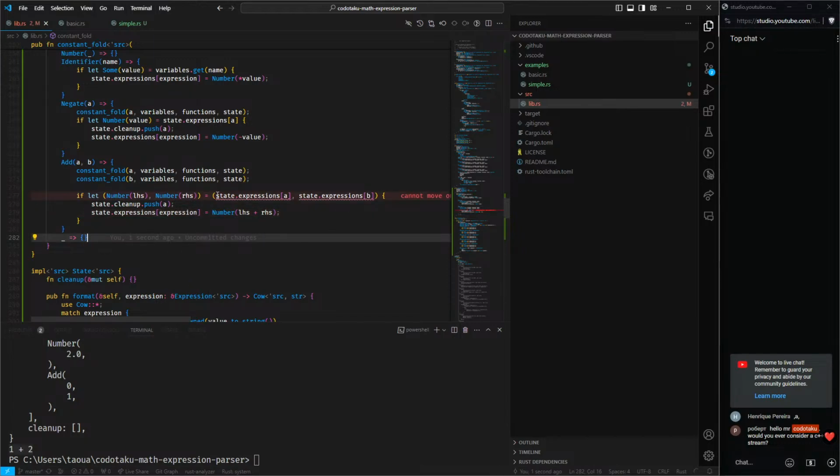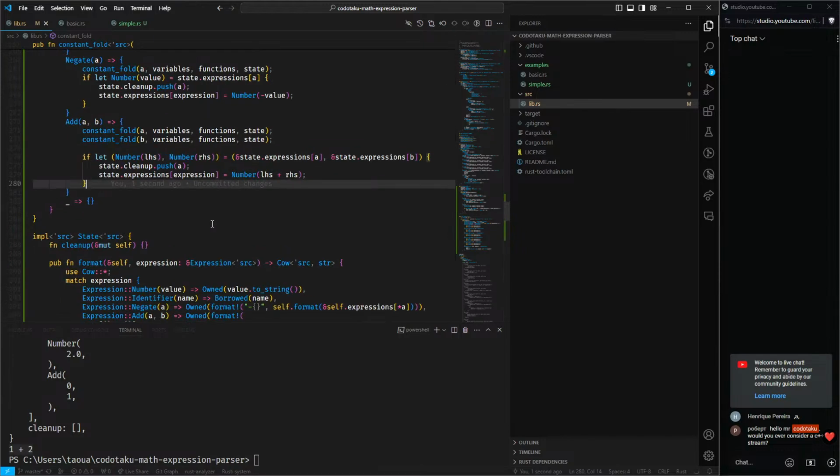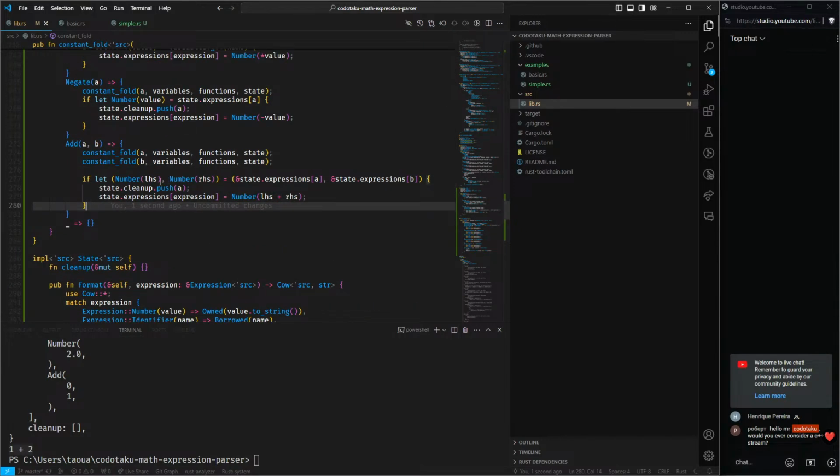And there you go. If both A and B have been constant folded to numbers, then we could just optimize this into one number, which is LHS plus RHS.